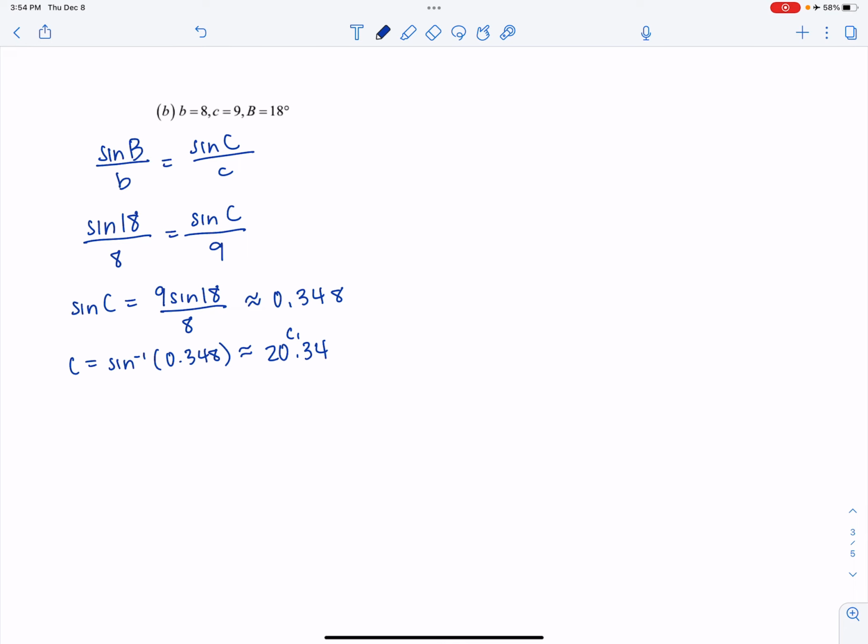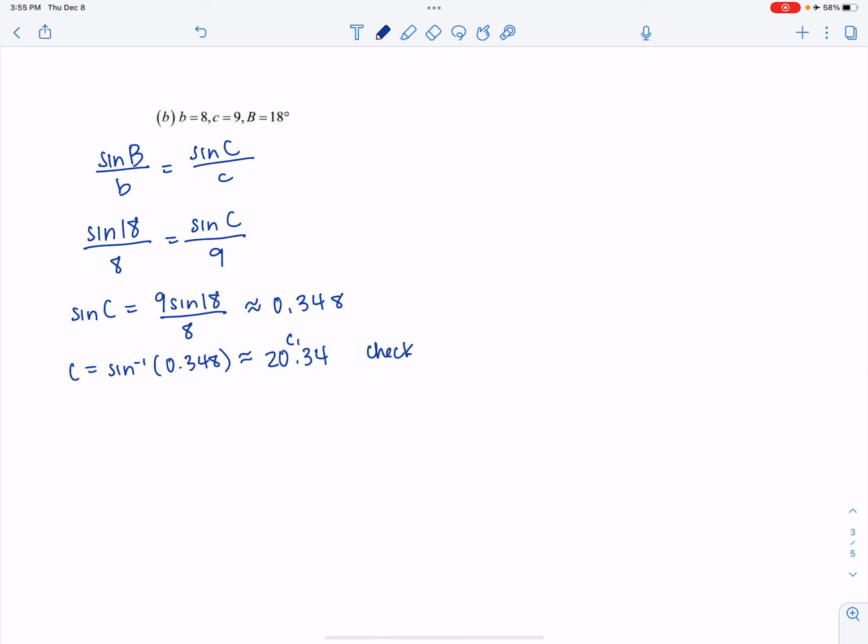Is there another angle that would satisfy this triangle? So we will check 180 minus 20.34. And that gives us 159.66.